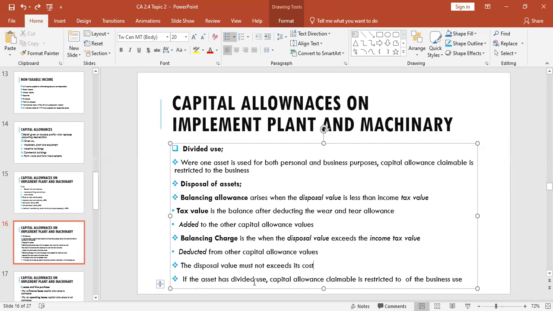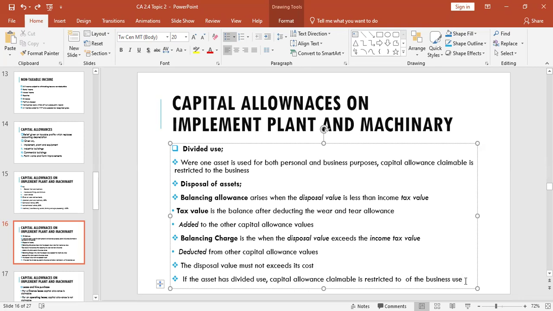So if the asset has divided use, capital allowance claimable is restricted to business use. This is something that you need to understand very well, because in questions, you're going to find this where an asset has got divided use, it's used for personal as well as business errands. And you have to restrict capital allowance claimable to business use.